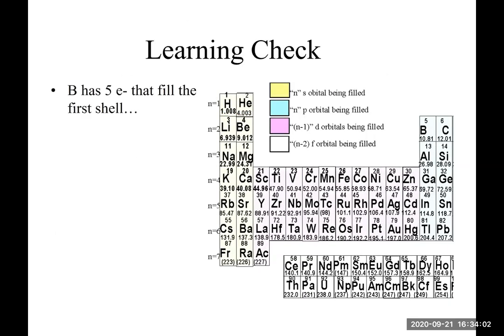Let's look at boron over here. So for boron, we first go through the s block, and so we have 1s2.